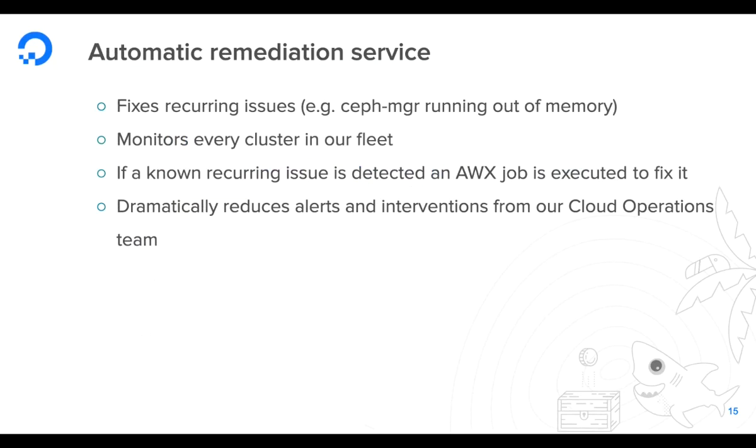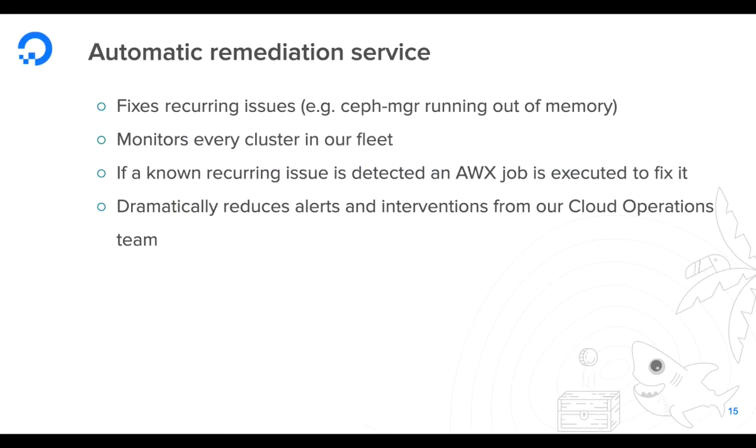So we have this automatic remediation service today that's going to monitor every cluster in our fleet, and it's going to look for conditions. So in the case of Ceph Manager, it can look at how much memory is being consumed by the Ceph Manager process.